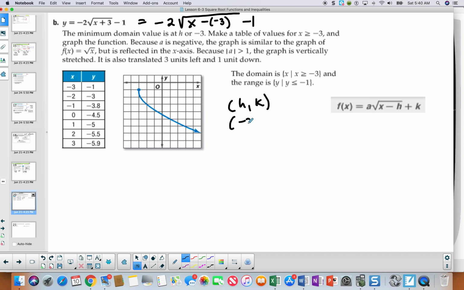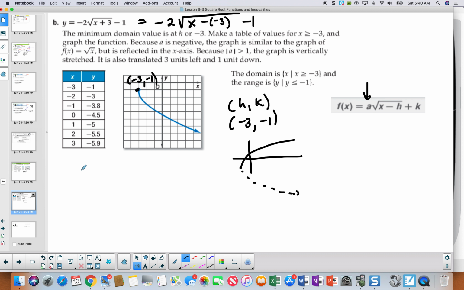Our H will be -3 and our K will be -1, which is what's happening right here. -3, -1. Now our A is -2. -2 means there's going to be a reflection. So what normally would have been going up right here, now we're going to have a decreasing function, and it's going to go this way. So there's a reflection.